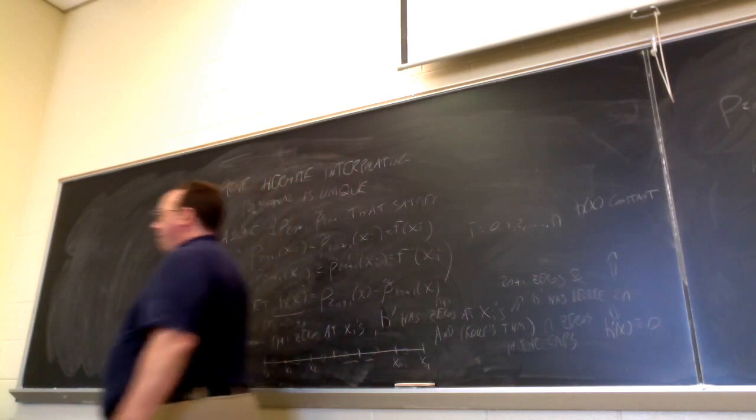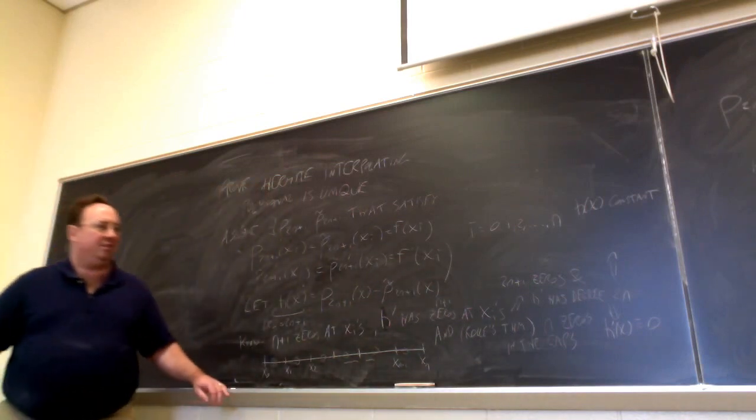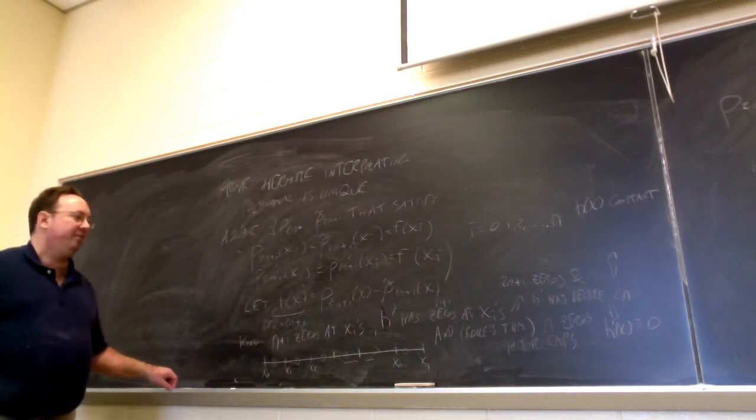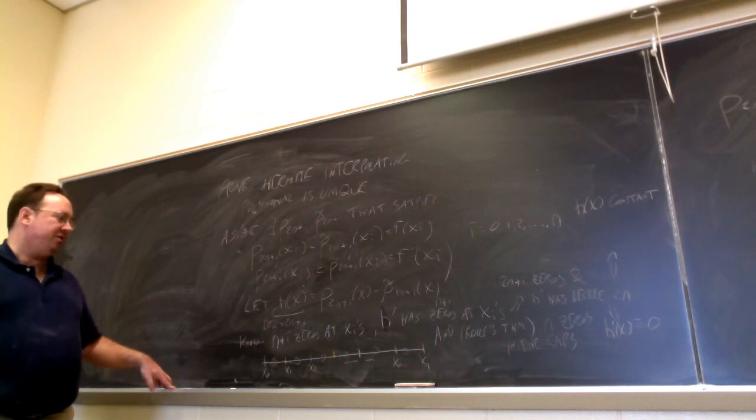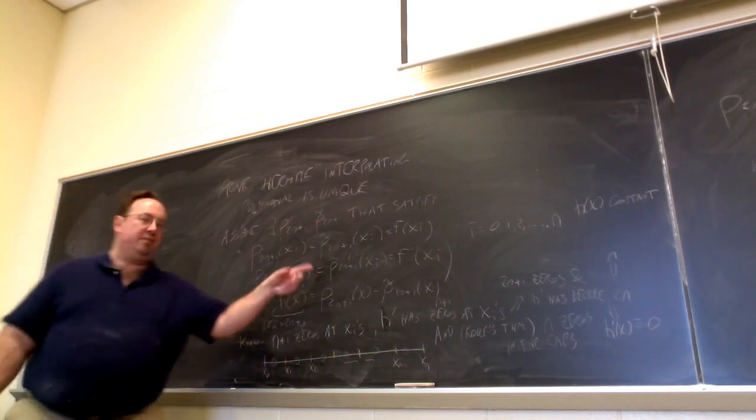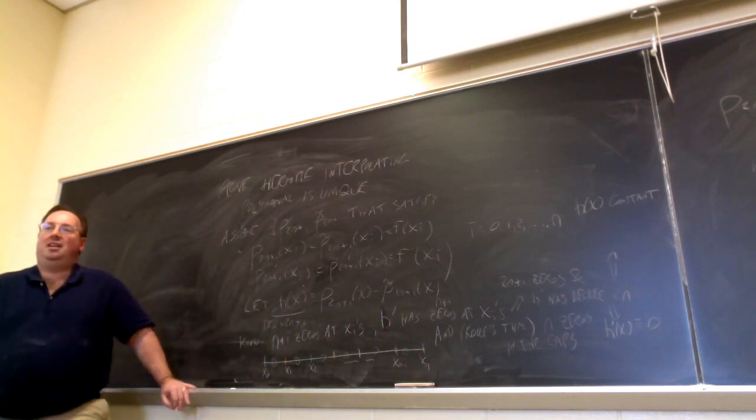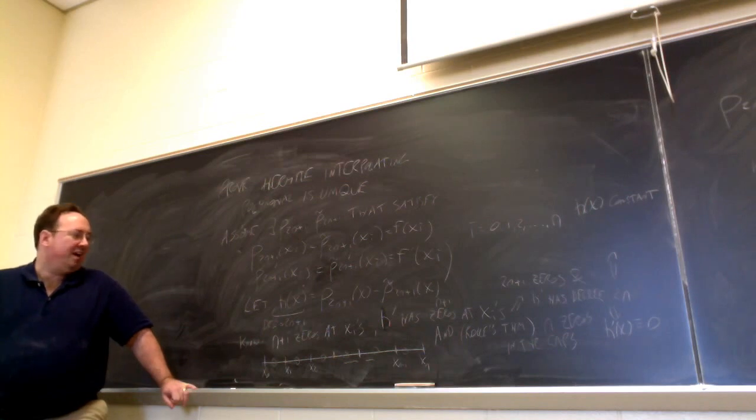Now, do we have any information that can tell us what that constant is? What do we know about h? It's defined to be the difference of these two. It has degree 2n plus 1, at most, yes. But what else do we know about h?